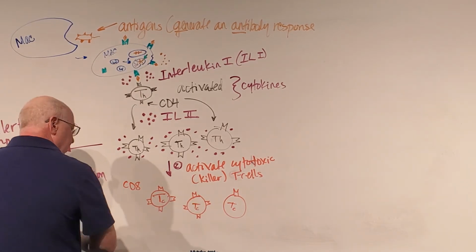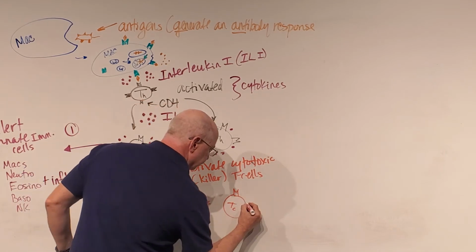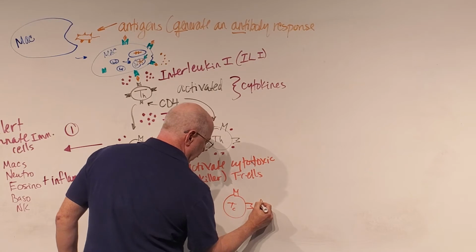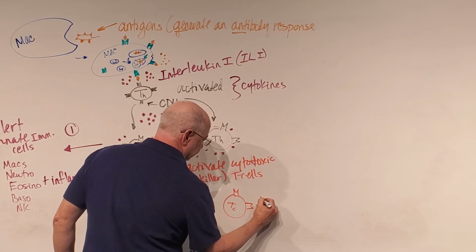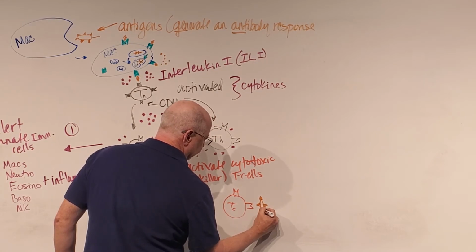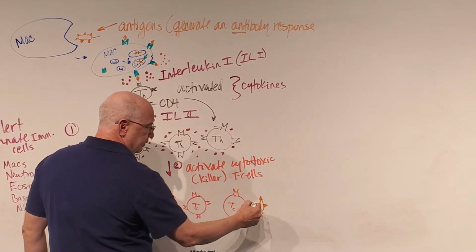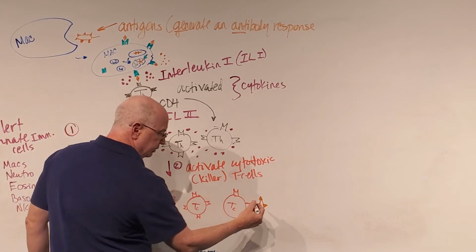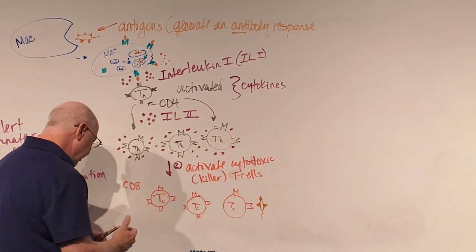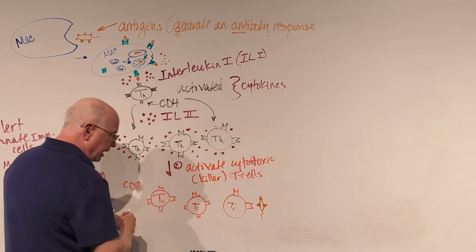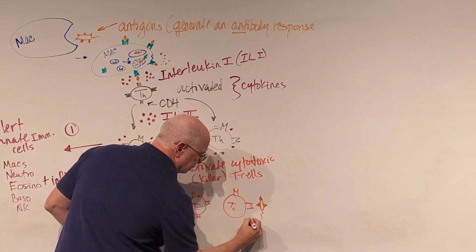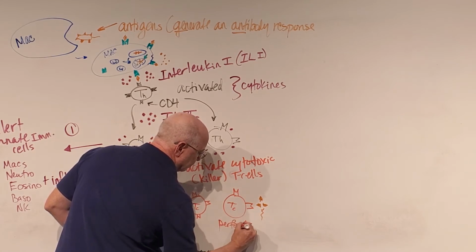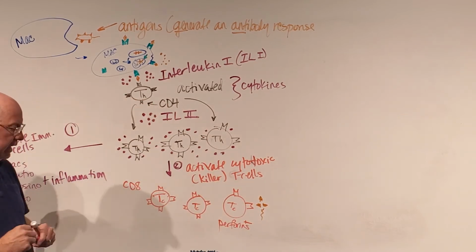So now, let's say I have a bacterium that comes along and it has the correct surface antigen on its surface. Then this CD8 cell, or T killer cell, can bind to it, and it will release molecules called perforins. And those perforins are like little daggers, and they can go and stab holes in the invader and kill it.